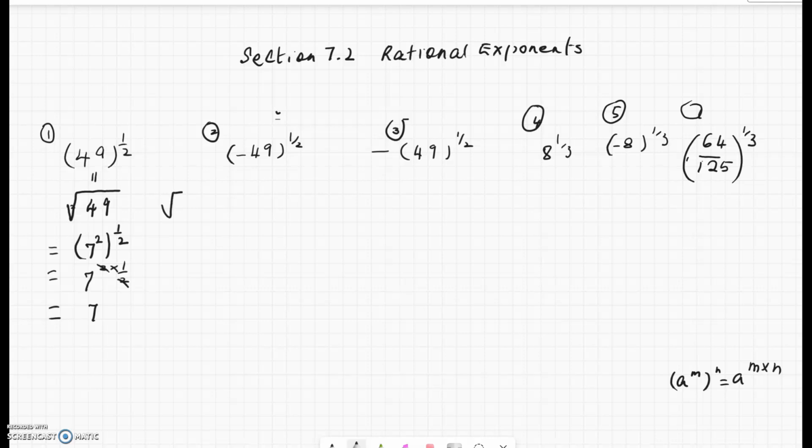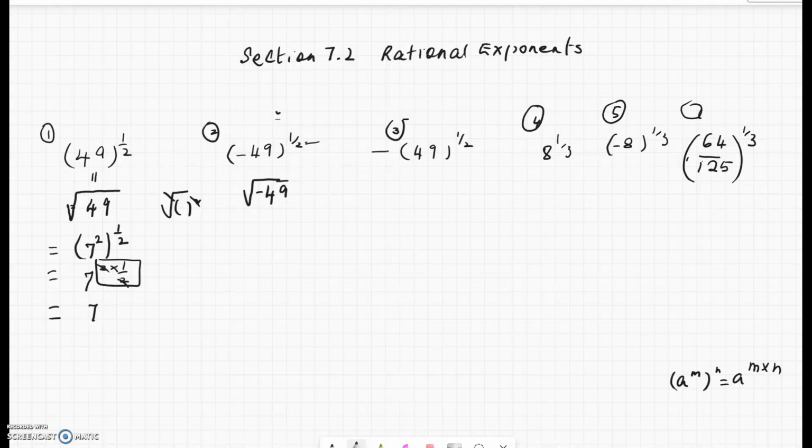So the square root and the square inside cancel each other out. We've seen that, and another way of doing that would be to use exponents, and you get 7 to the 1.